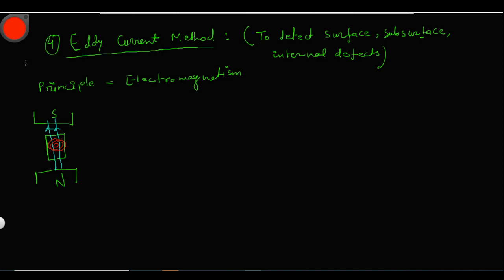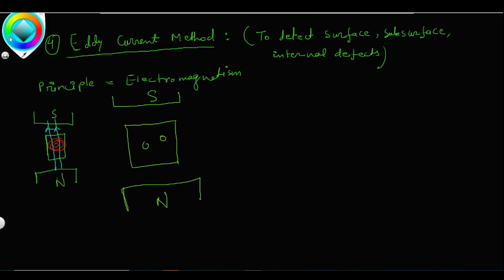Now what happened? Some defects are generated in the piece of metal. Suppose this is the metal in bigger size. I'll show you. So this is south, this is north, and some defects are present here.